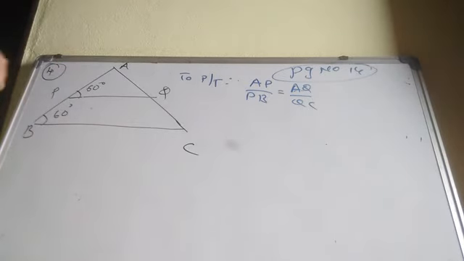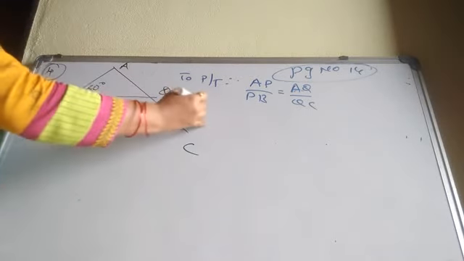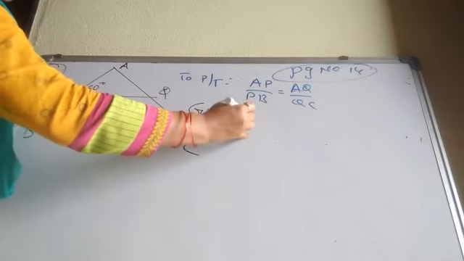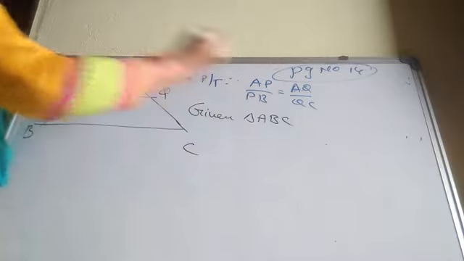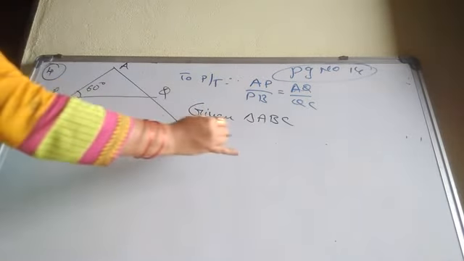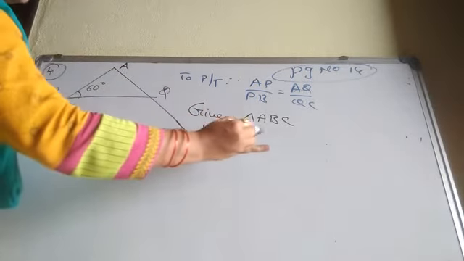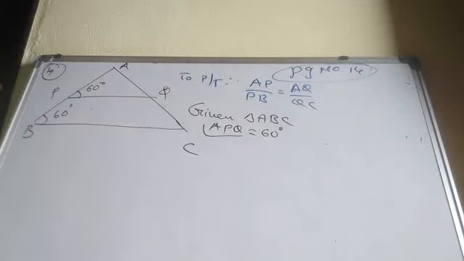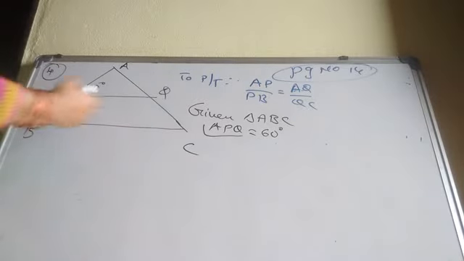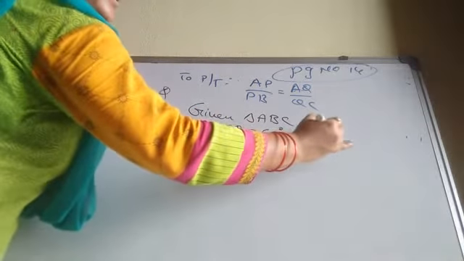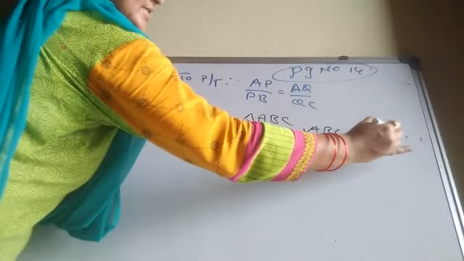First, we will write the given. Triangle ABC. Angle APQ equal to 60 degrees and angle ABC equal to 60 degrees.